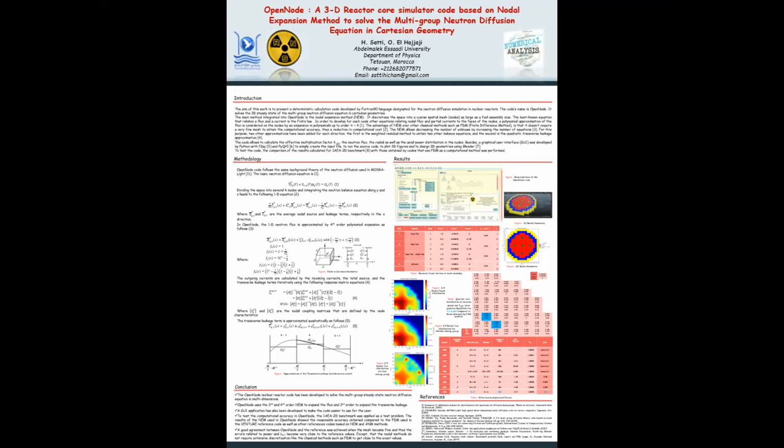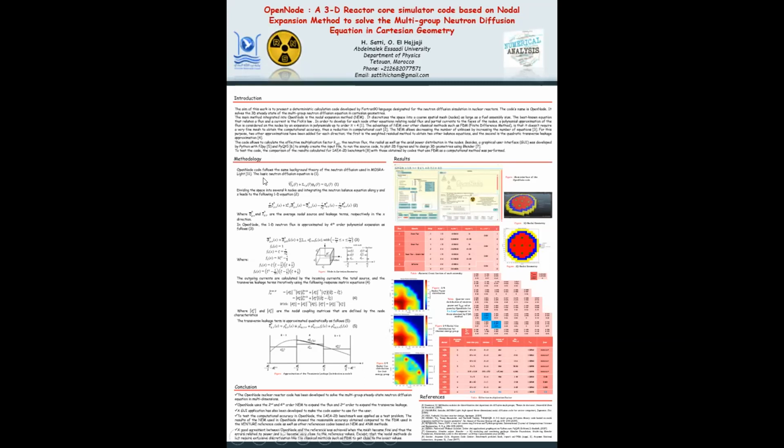Finally, to test the code, the comparison of the results calculated for a benchmark with those obtained by codes that use the finite difference method as a computational method was performed.